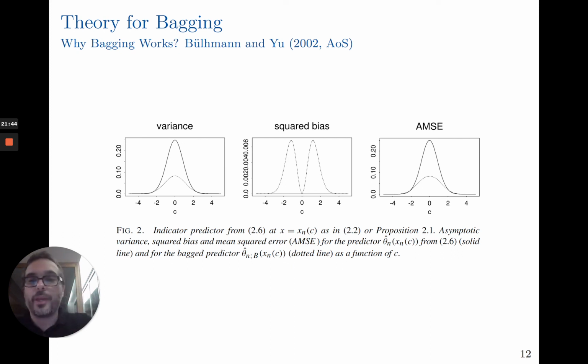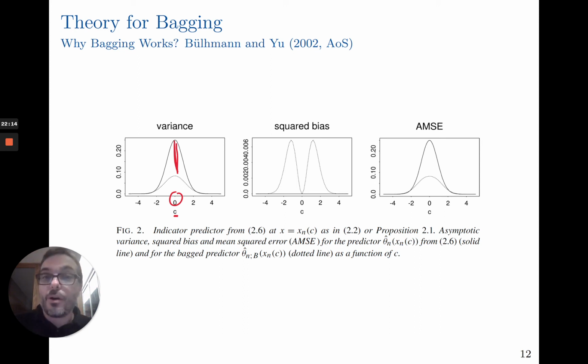You see when the C value is close to 0, so you are exactly on the point where you have the cutoff on your function, you have a major variance reduction. This reduction decreases as you go further away, and then bagging is doing nothing. But around the threshold, it is major.